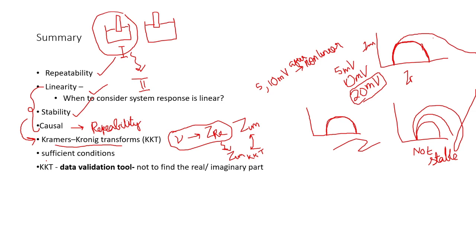So basically, we are doing the KKT for data validation. But even if it is validated, we cannot completely say that my system is linear, stable and causal. If I have an unknown graph and I do KKT, and the system says yes, it is KKT compliant, I cannot blindly trust that, because it may flag off.